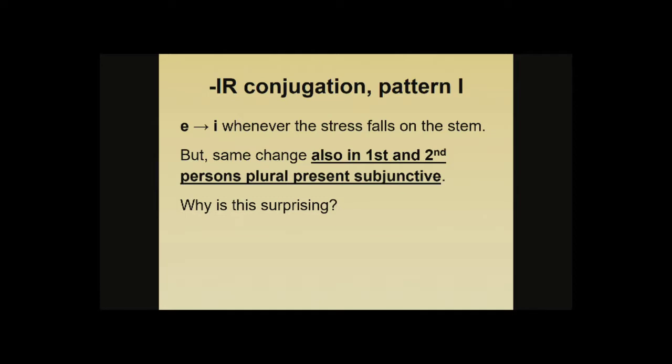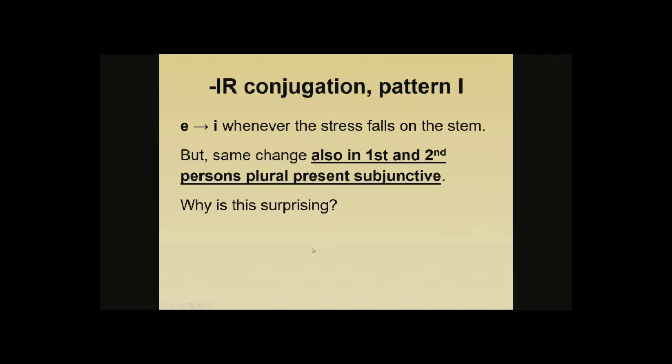You're almost getting at what I was thinking of. It's simply that these are forms which are not stressed on the stem, but despite that, you have a change in the stem vowel. So when you get into the subjunctive, in the IR category, there are at least some forms, and here we've seen the nosotros, vosotros in the present subjunctive, where you do get a vowel change.